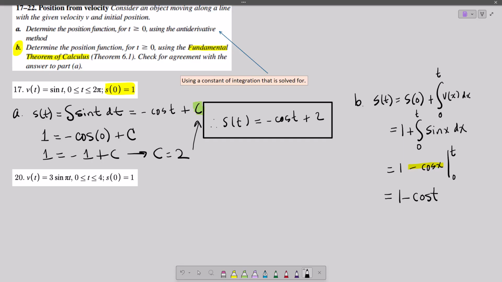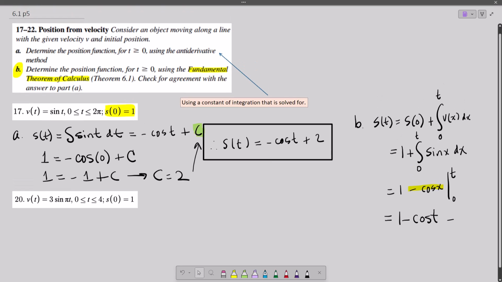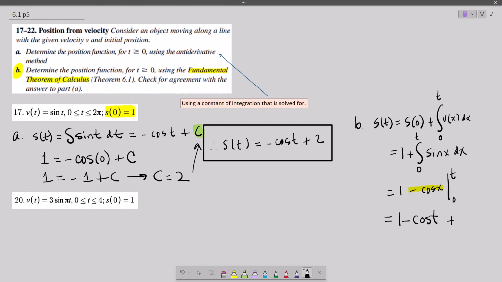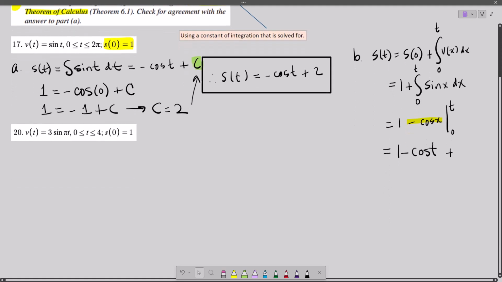Then we subtract the antiderivative evaluated at the lower limit of integration. So now we subtract negative cosine of 0. Oh, negative times negative is positive. Right, we subtract a negative. Maybe I'll write it this way just to be clear that it's two things happening. Right?